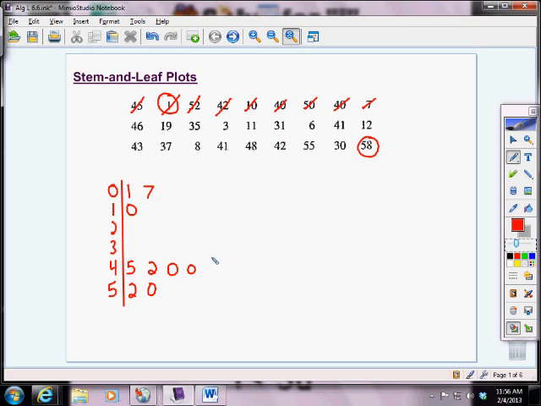Not hard. It does take a little bit of time. And you got to be careful. You want to kind of keep your numbers lined up vertically. And I like being able to cross them out because then I know I'm not missing any.